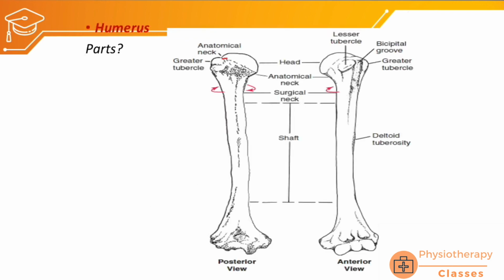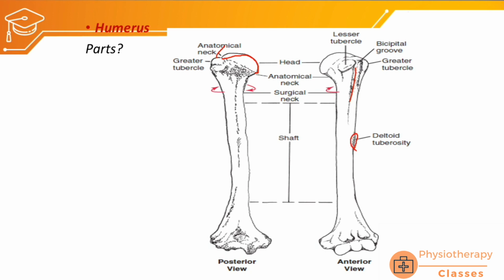The humerus has a head superiorly, and it has an anatomical neck. Just beside the anatomical neck, it has a greater tubercle and lesser tubercle, which we already know. Between the lesser and greater tubercle, we have a bicipital groove, which is also called the intertubercular sulcus. Below here we have the deltoid tuberosity where the deltoid muscle is inserted.